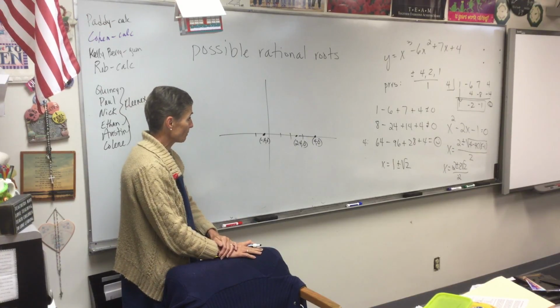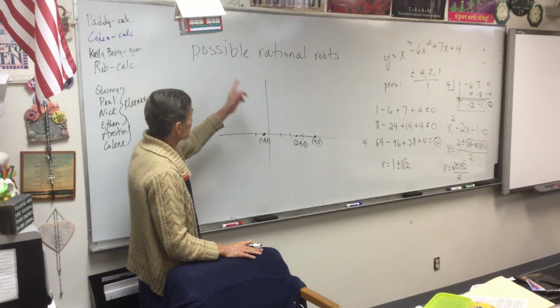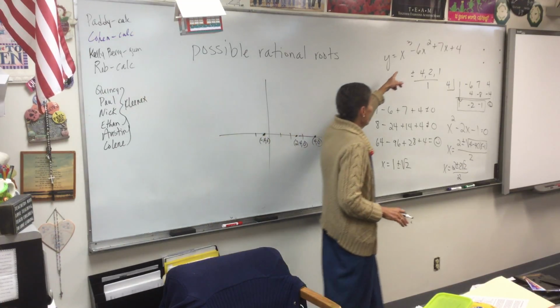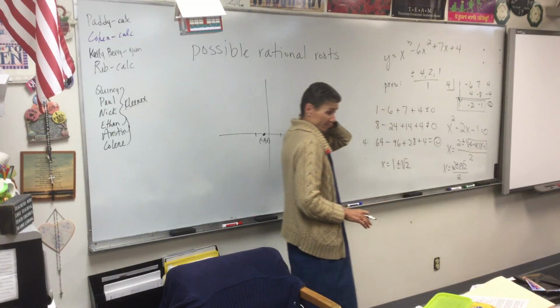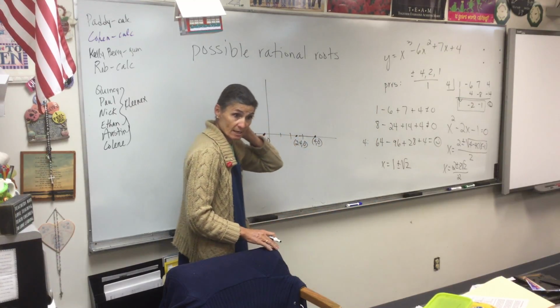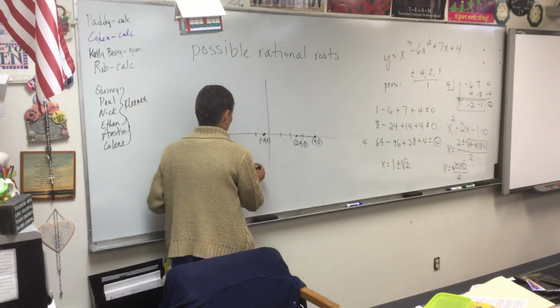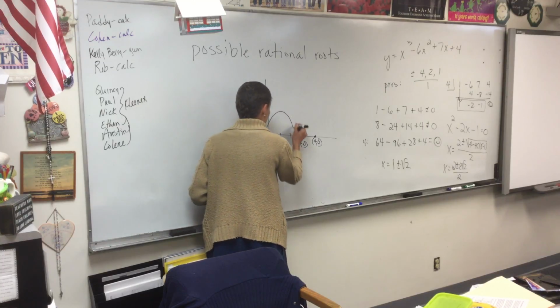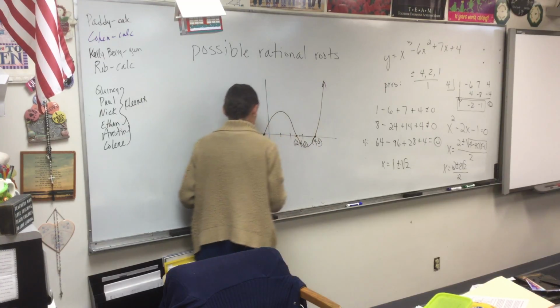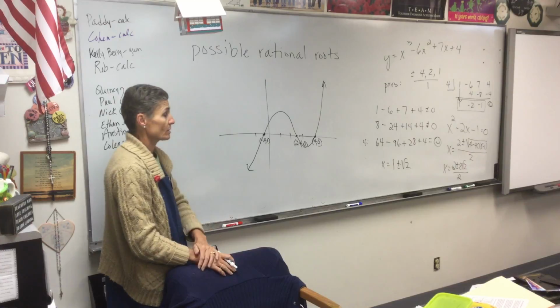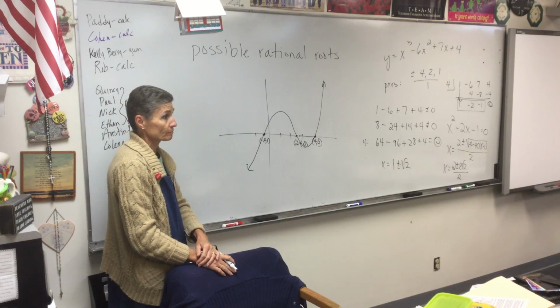I didn't know what they were, so I could plot them. Yeah, this is a cubic function. How do cubic functions behave? Start down, ends up. Nothing squared or anything, so starting down, ending up. There we go. Just connect the dots with a nice smooth curve.